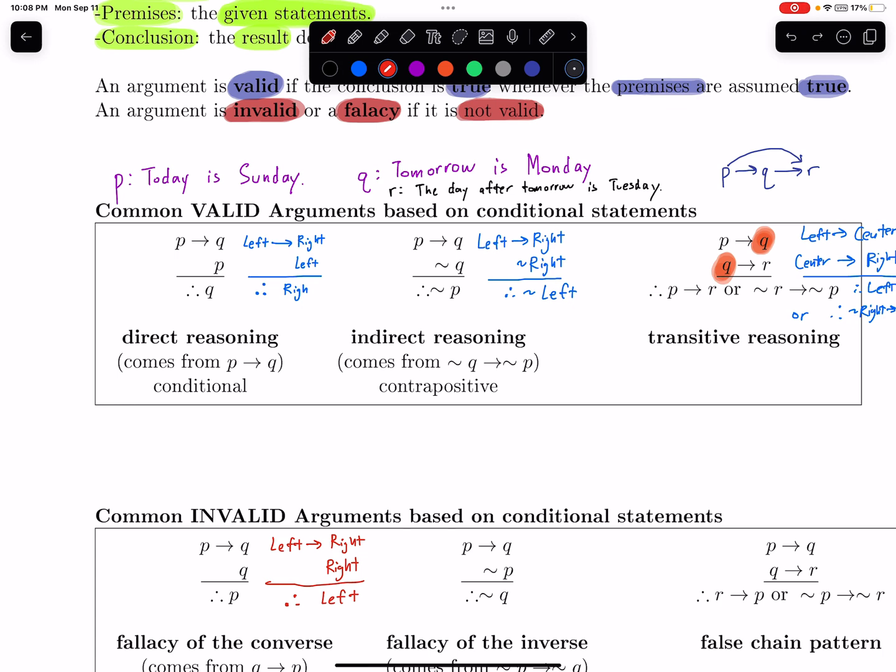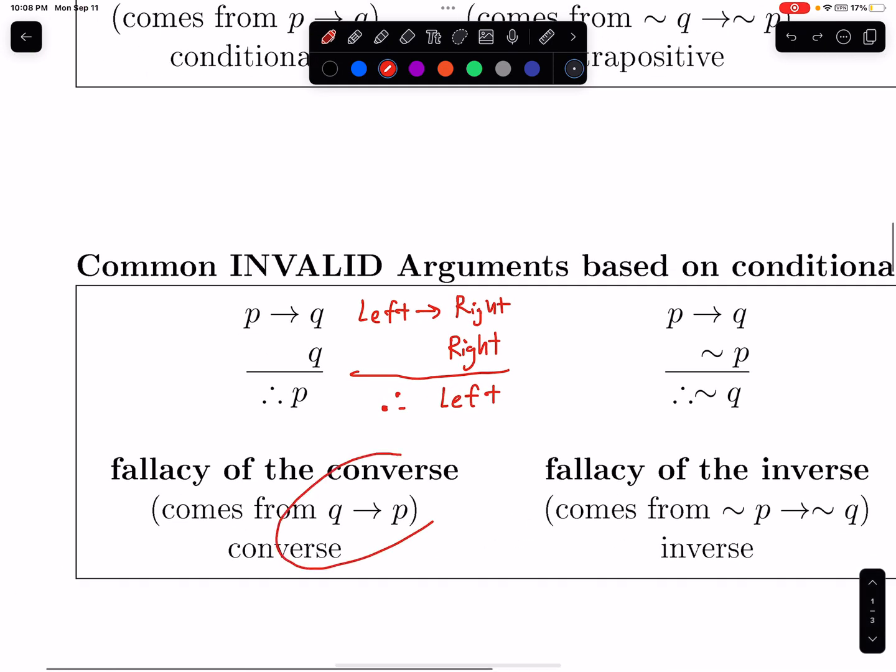Because this sounds legit. If today is Sunday, then tomorrow is Monday. Tomorrow is Monday, therefore today must be Sunday. That sounds like it makes sense, but as an argument it is invalid because you're following the converse. It just so happened we got lucky in this case with our particular P's and Q's that it turned out to be a true statement in the end, but the argument itself is invalid.